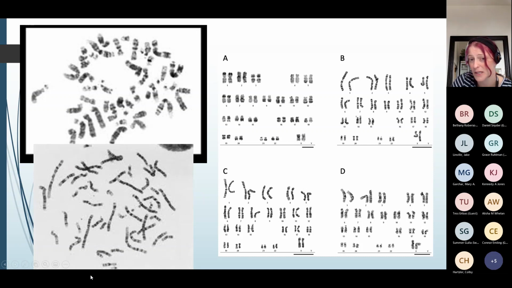So when we do a karyotype analysis of these cells in metaphase, a lot of times we're analyzing at least 10 different cells, because sometimes a random chromosome, even though it should be in that cell, maybe it floated out of the field of view when you were doing your analysis.